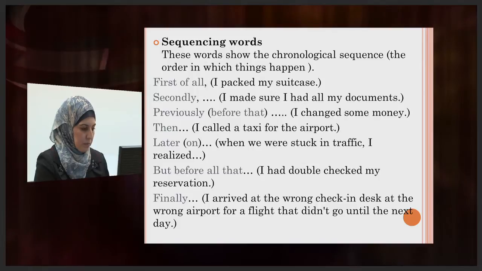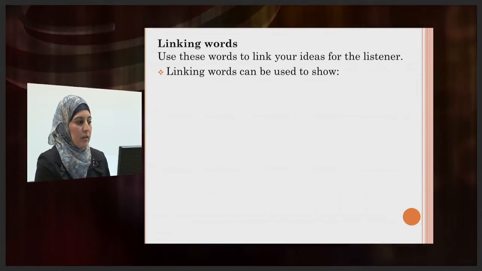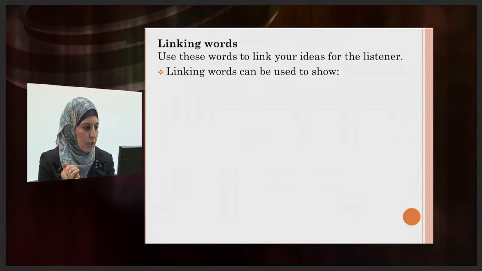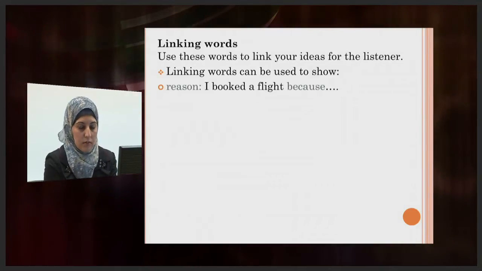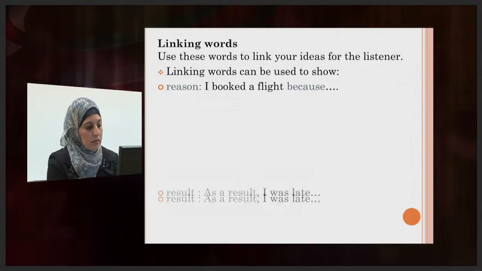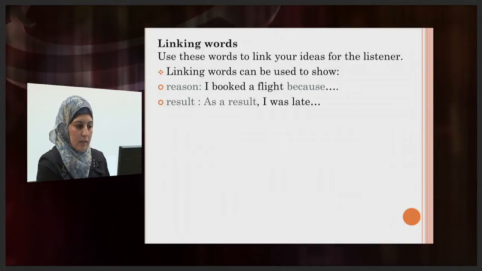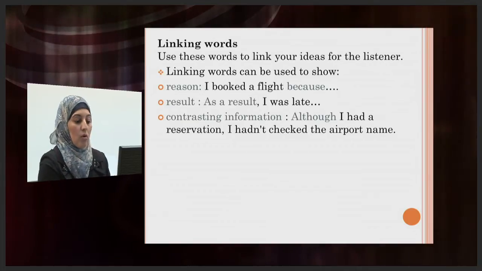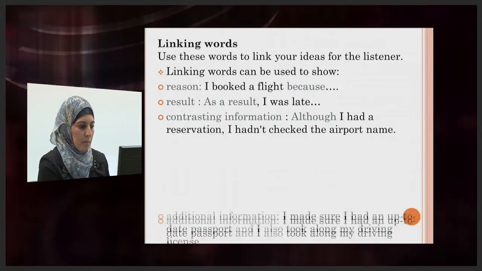Now, what do I mean by linking words? These words actually link the ideas in your story. They can be used to show reason, as in, I booked a flight because, to show result, as a result, I was late, to show contrasting information, although I had a reservation, I hadn't checked the airport name.